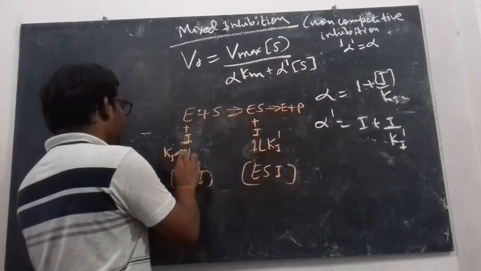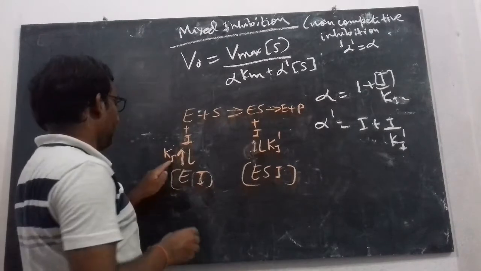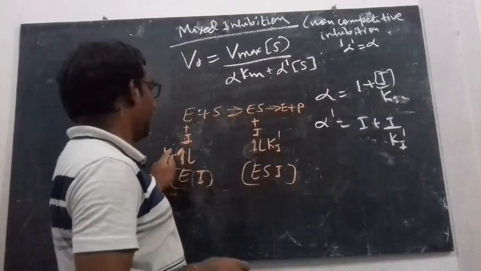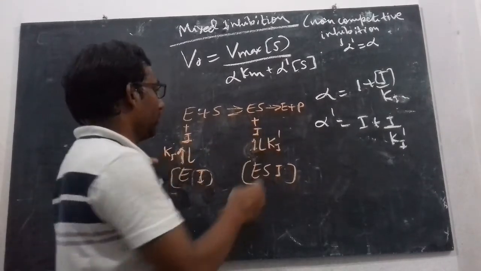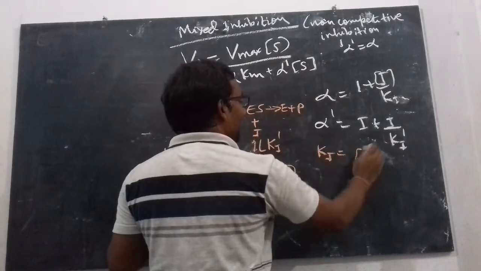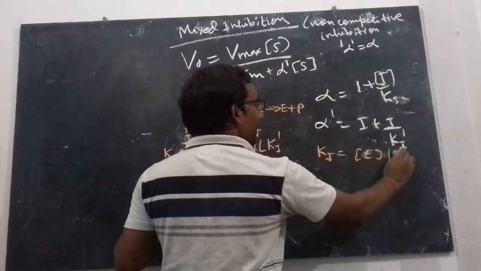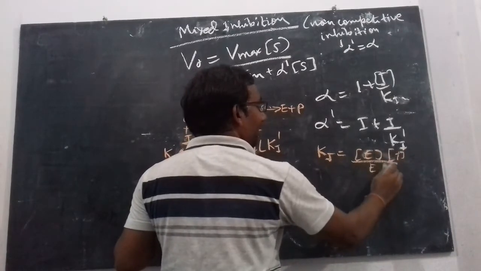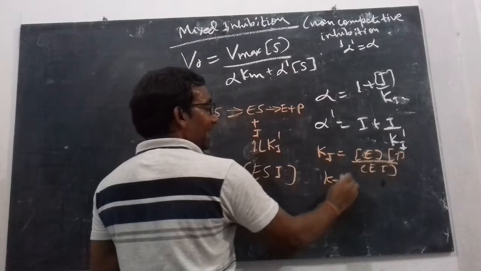So how will you define Ki? Ki is equal to enzyme times inhibitor divided by the enzyme inhibitor complex. And how will you define Ki dash?